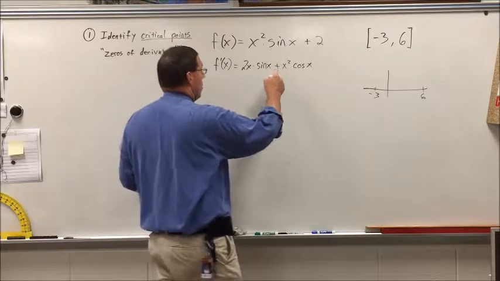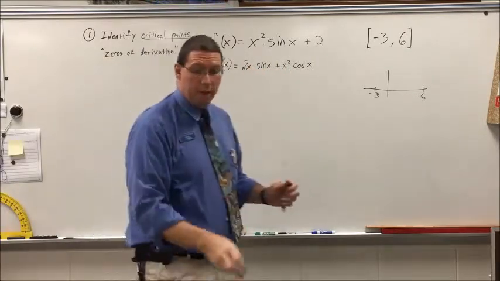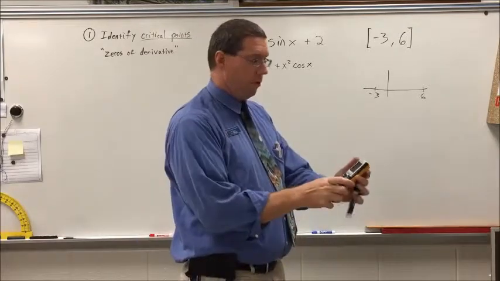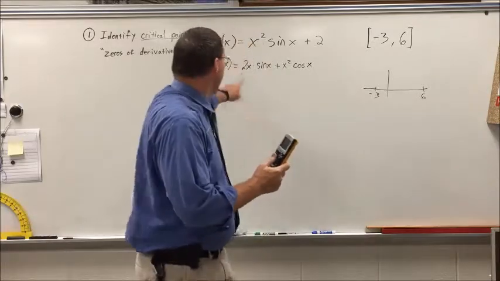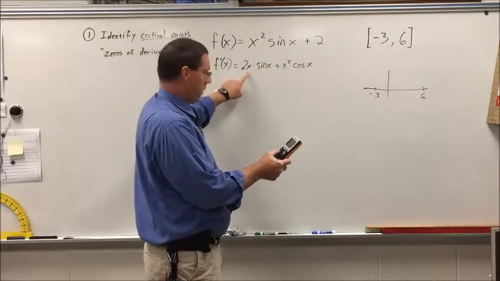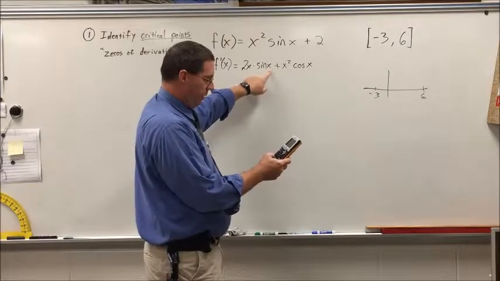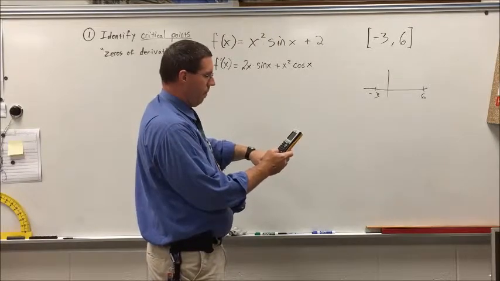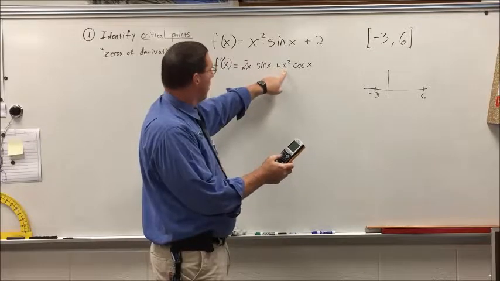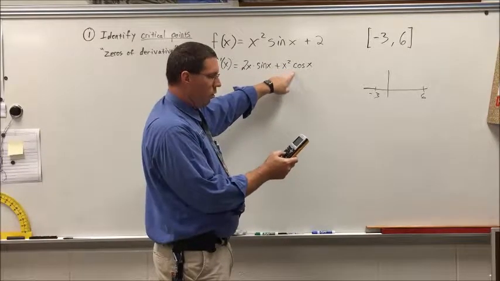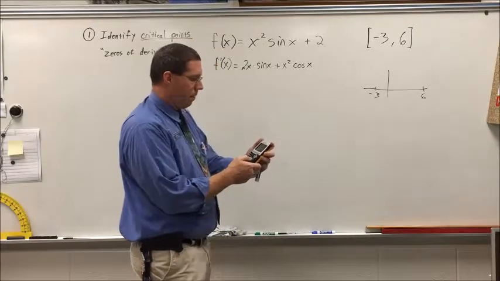So here's our derivative right here. What we're going to do is plug this into the calculator under y1. So you're going to hit y equals, and where it says y1, you're going to type in 2x sine of x, and then close the parenthesis, plus x squared times cosine of x, and then close the parenthesis.